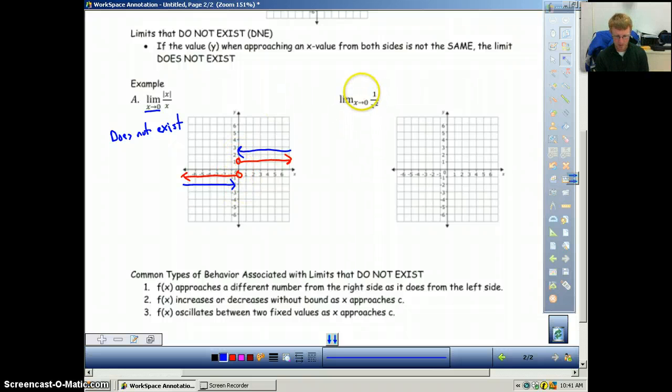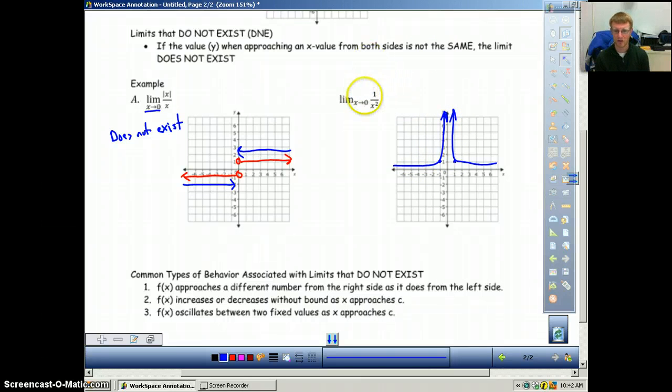Okay, on this graph right here, same type of idea, just a little bit different because the graphs don't look exactly the same. This graph looks like this. So we have these graphs that we call asymptotes. Both of these graphs go up to infinity. This is kind of the same idea.